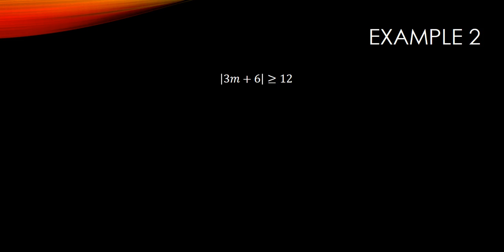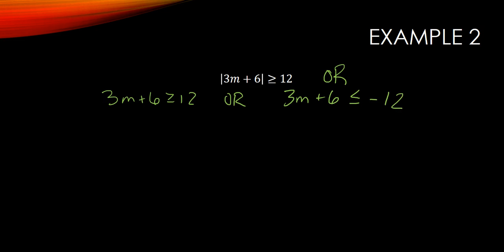Now this next problem, 3m plus 6 is greater than or equal to 12. Greater is or. You still have to write your two inequalities. Just like before, when you write the negative version, make sure you change the inequality to face the other direction, so it's less than in this case instead.